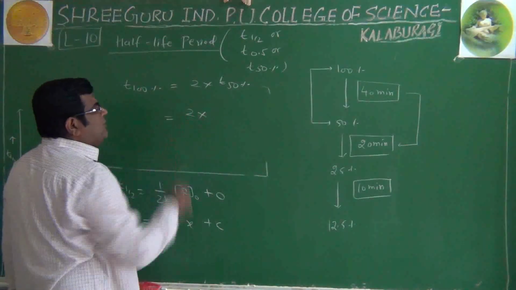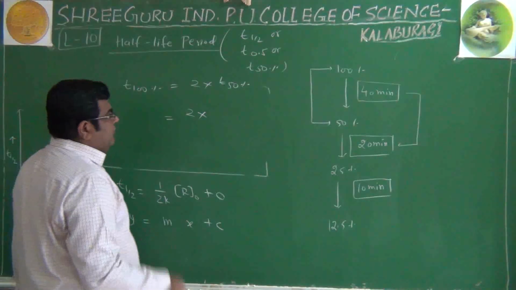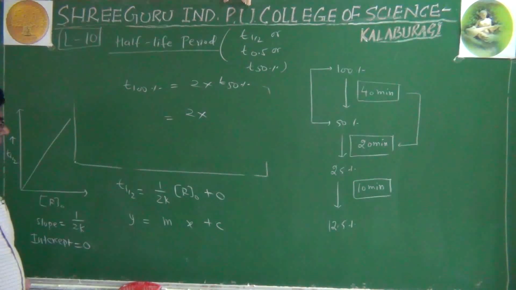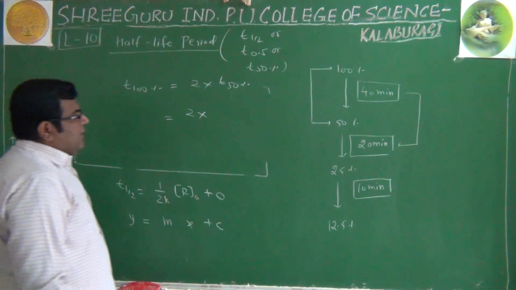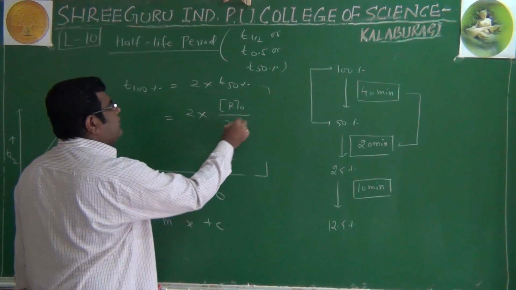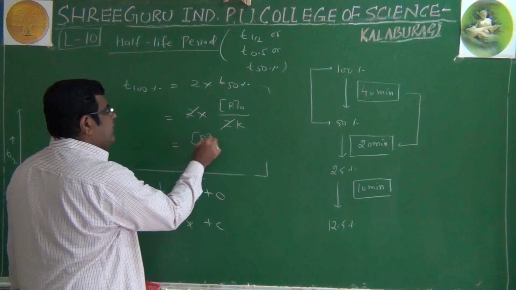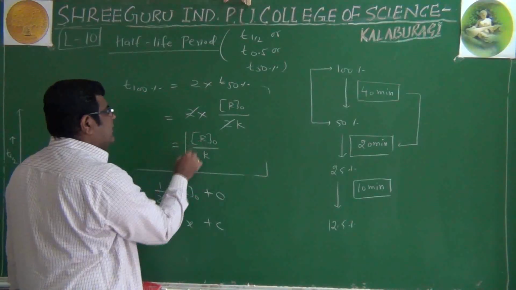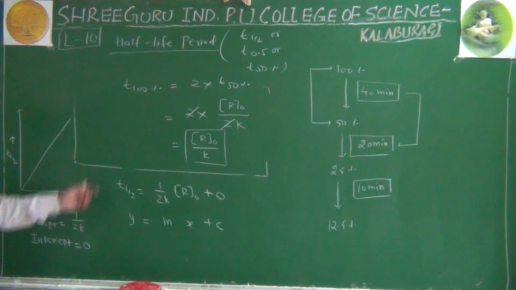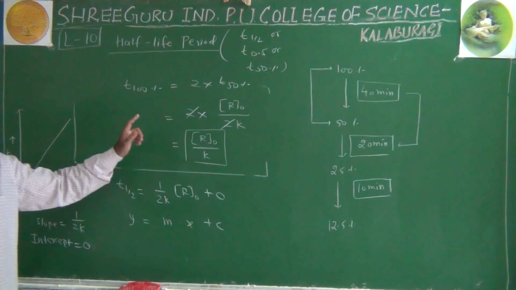So it is 2 multiplied by T 50%, which we have just derived: the half-life period is R0 by 2K. This 2 we can cancel and we can say R0 by K. So the time required for 100% completion is R0 by K.